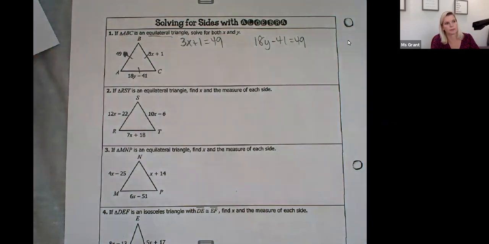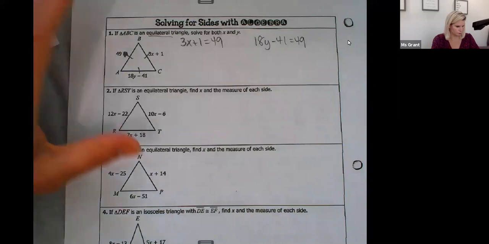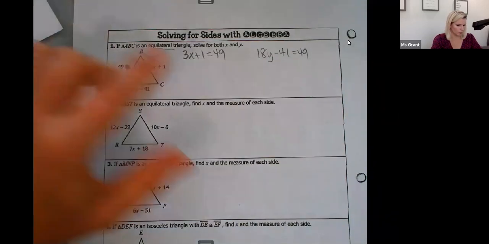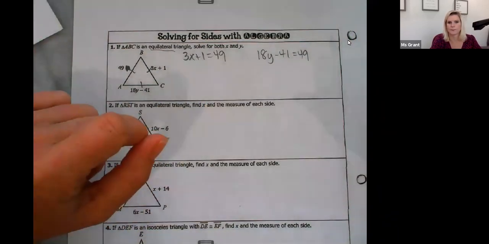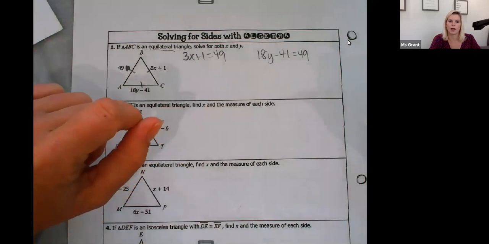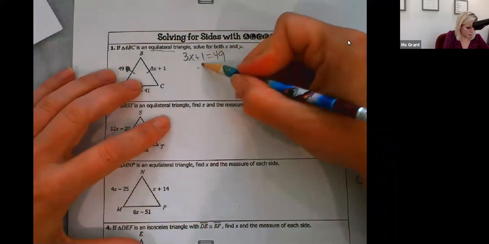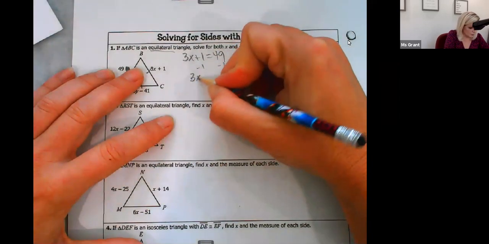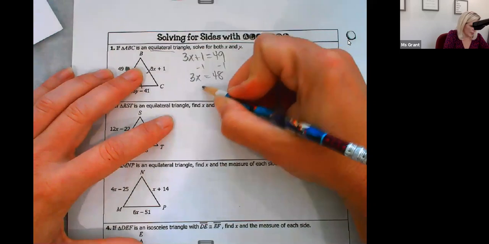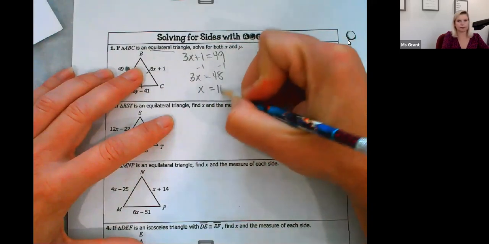Okay. So let's go. Just solve for the variable. Minus 1, 3x equals 48. X equals 16.